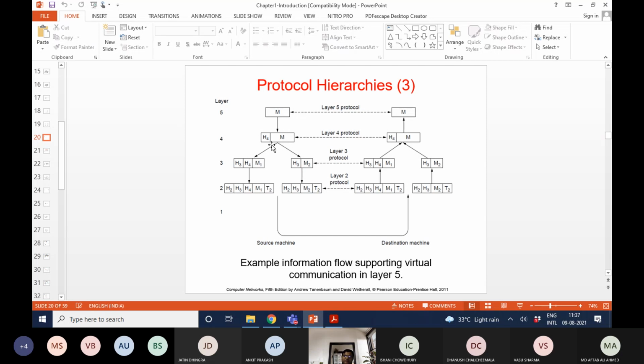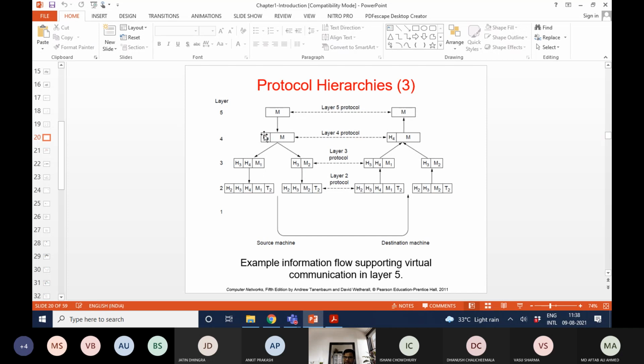Then whenever we go to layer 3, you can see this message is now bigger and cannot be transmitted through the network. So now this message is divided into two parts.